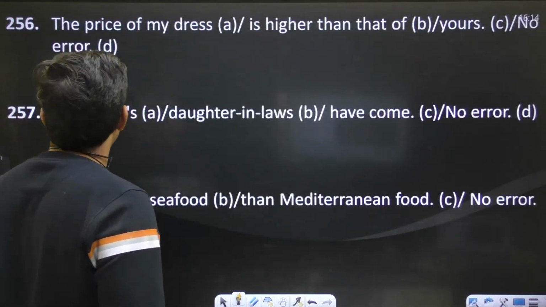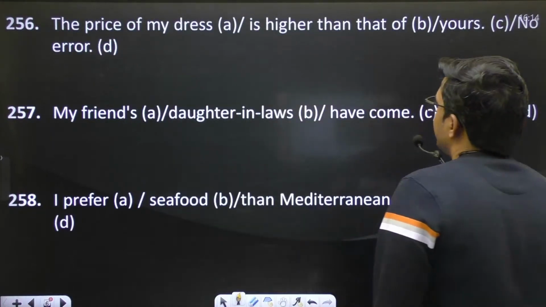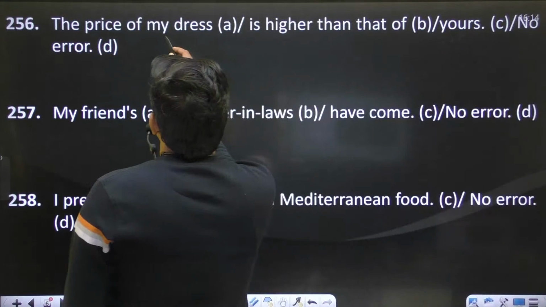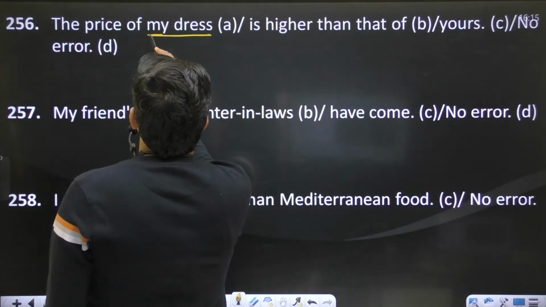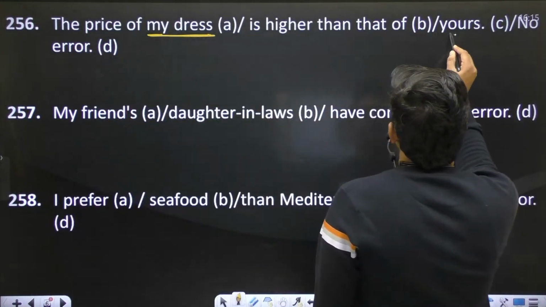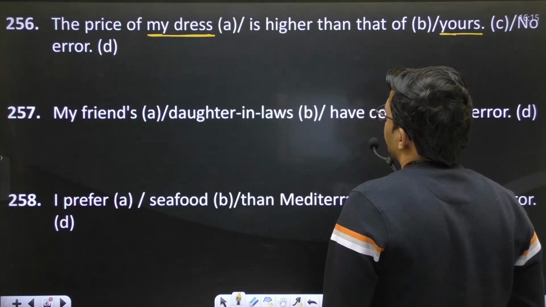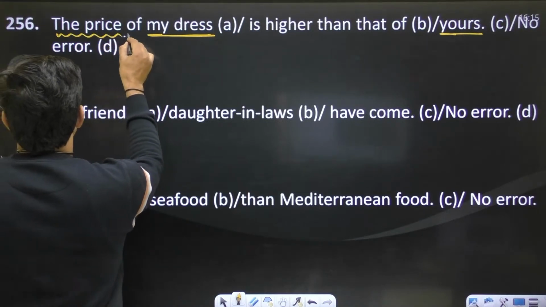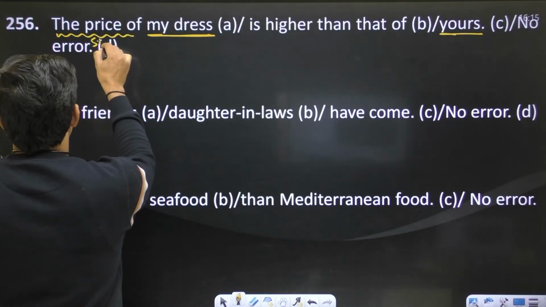Next sentence is, the price of my dress is higher than that of yours. Here the comparison is not only between my dress and yours. Yours means your dress, right? But the comparison is between the prices of both the dresses. This is the singular noun price.